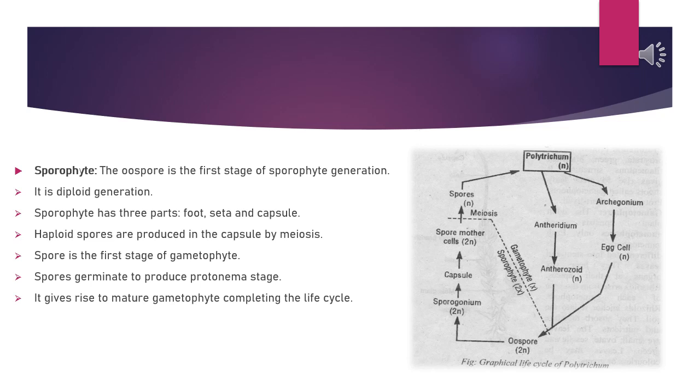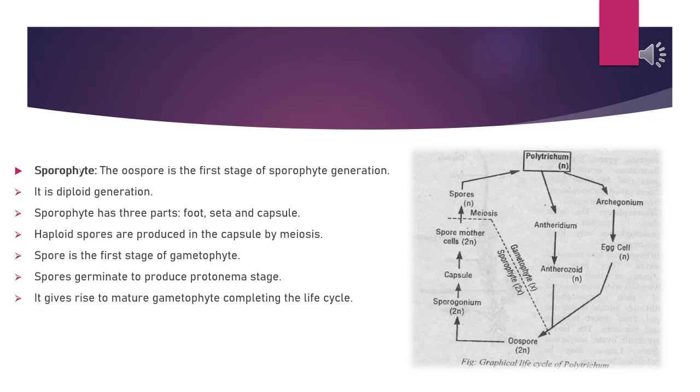After the formation of the oospore, which is diploid in condition, I repeatedly stress this point that the oospore is diploid in nature. When it falls on the substratum and gets an adequate amount of nutrients, meaning suitable conditions, it will undergo the germination process.